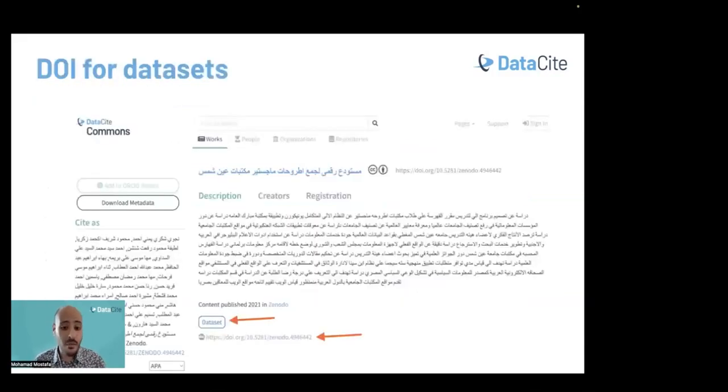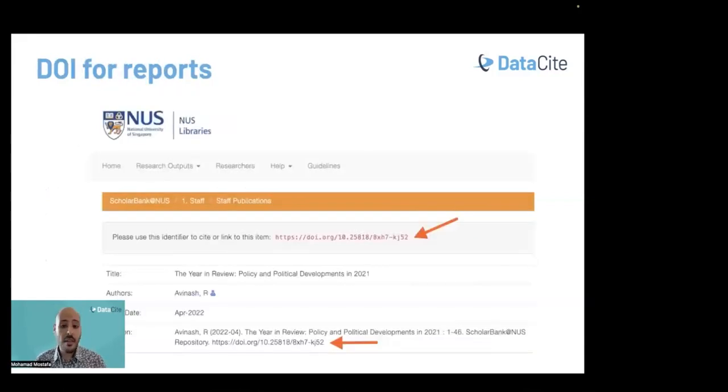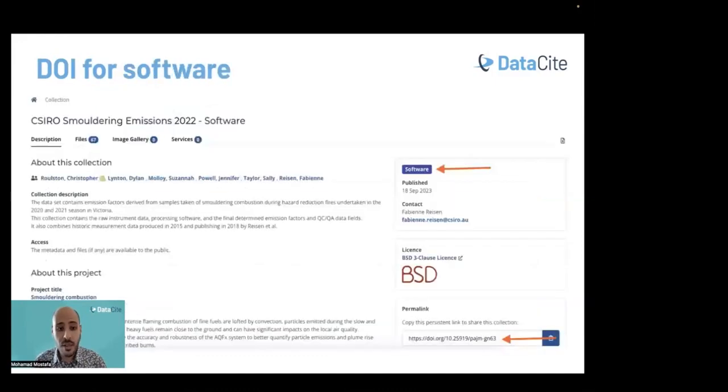This is an example of a dataset using a DataCite DOI. This is another example of a thesis that has used a digital object identifier as well. And this is an example of a university report that has been deposited into an institutional repository, and they are using a DOI for that one as well.